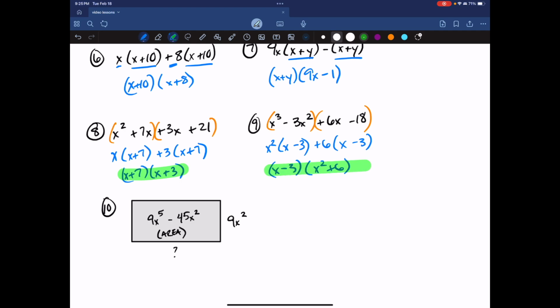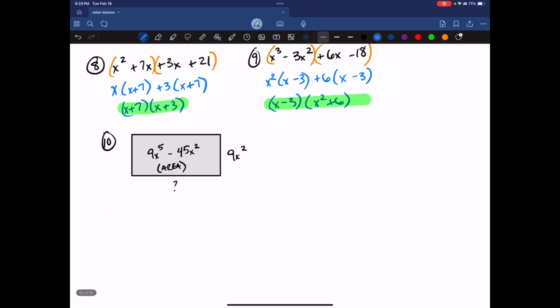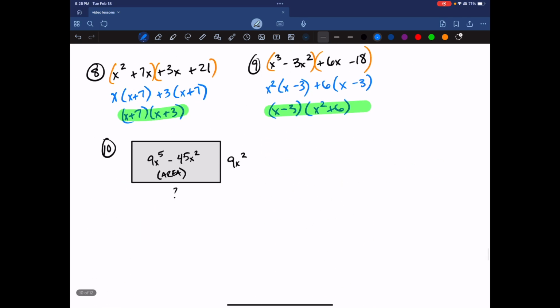Okay, last one. Again, number 10 is just an application type problem. It's the same concept applied to a figure. Okay, so this is essentially asking you 9x squared times what equals 9x to the 5th minus 45x squared.